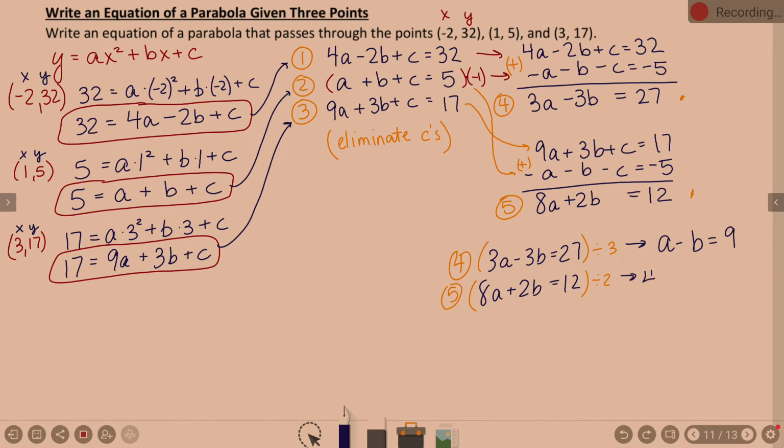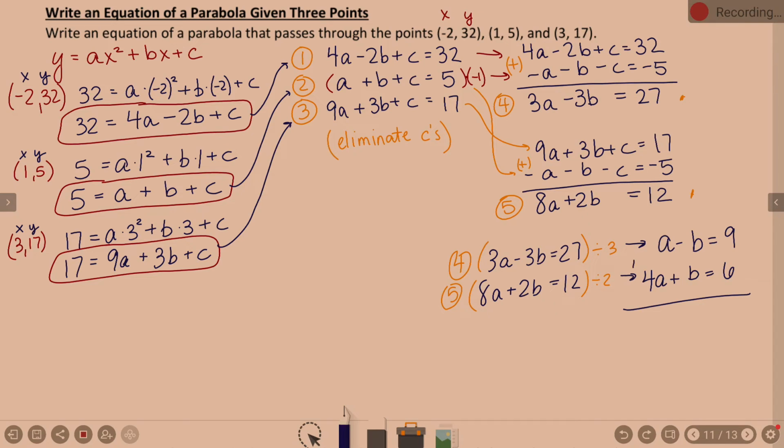My bottom one becomes 4a plus b equals 6. Now, if you're saying, Mrs. Sargent, no, I don't like it, then what do you do instead? You go back and multiply by 2 and 3. Okay?